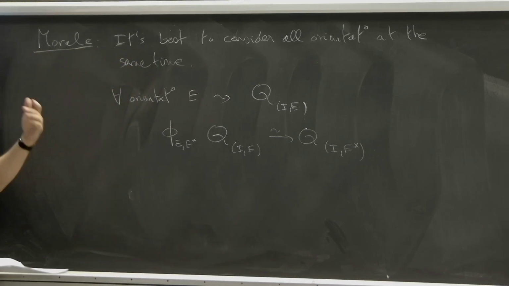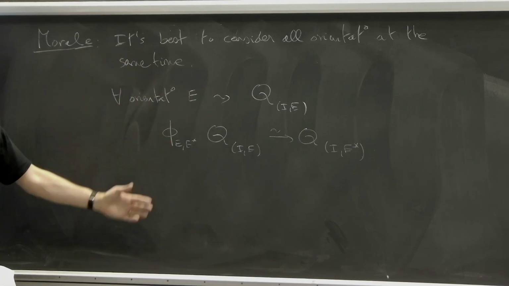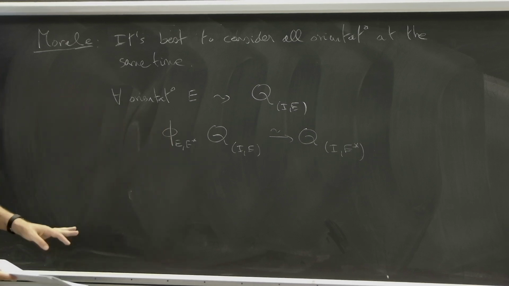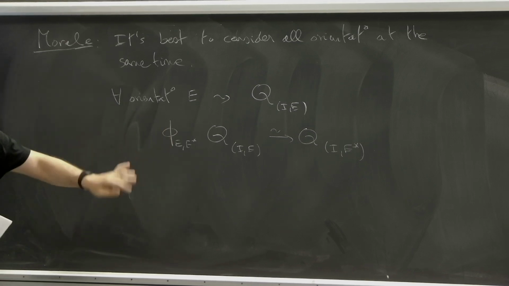And so we could say, okay, maybe that's the right object. We consider all these categories for all orientations, and we have the Fourier transforms. And then maybe we have to be careful about signs when you start composing these Fourier transforms.